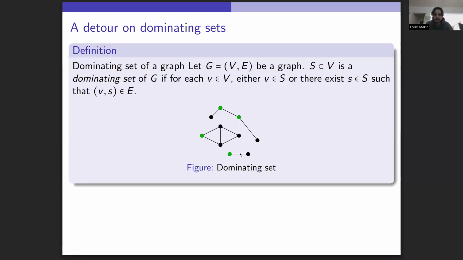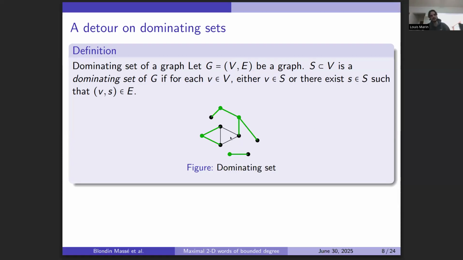Here in green we have an example of a dominating set. Why? Because each vertex is in the set or touches at least one vertex in the dominating set.